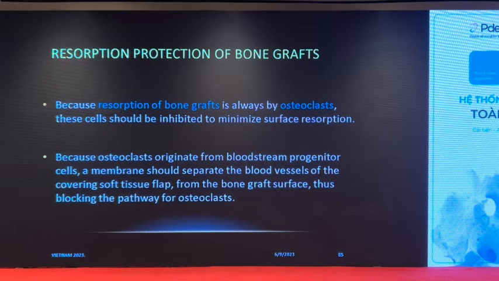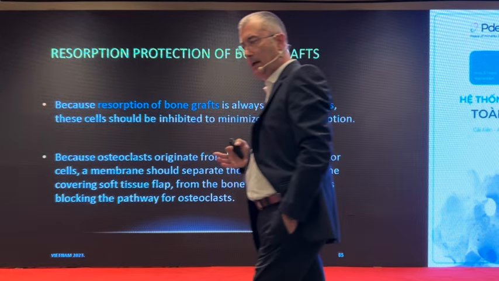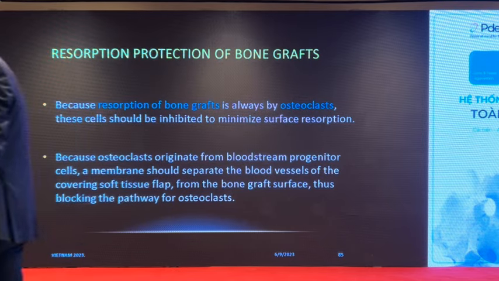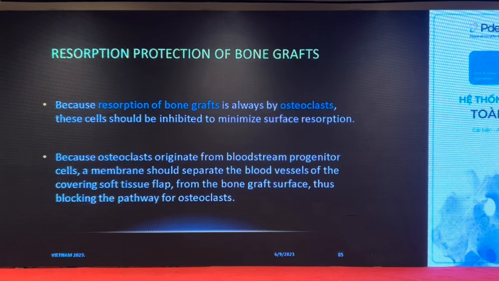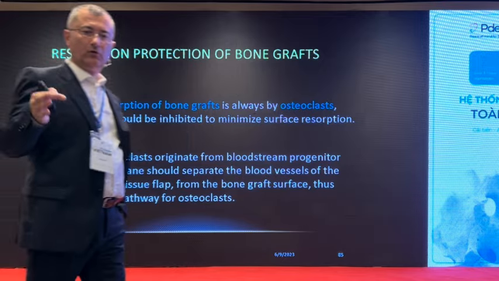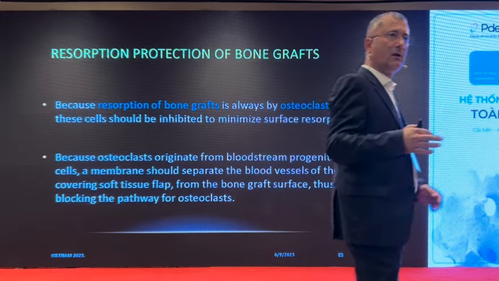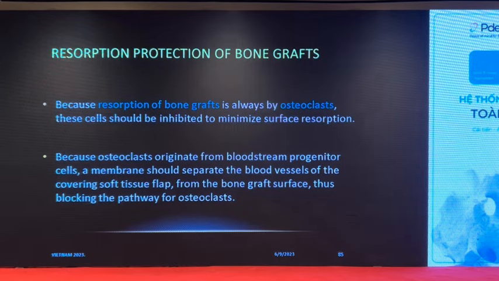Because osteoclasts originate from progenitor cells, a membrane should separate them from blood vessels of the covering soft tissue flap and from the bone graft surface, thus blocking the pathway for the osteoclasts. So not only do we want to block granulation tissue, we also want to block osteoclasts so they do not resorb the granules of the remaining body walls.